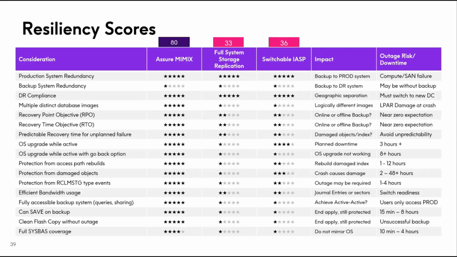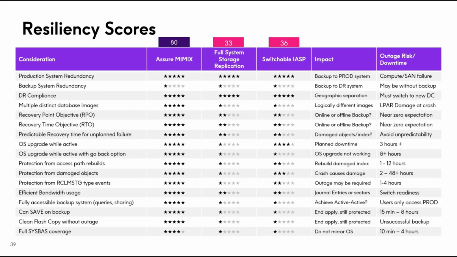And I always like to put this one up and talk about resiliency scores. This is the kind of thing that really matters when you're talking about resiliency. These are the things that people need and worry about when they're trying to keep IBM i up.